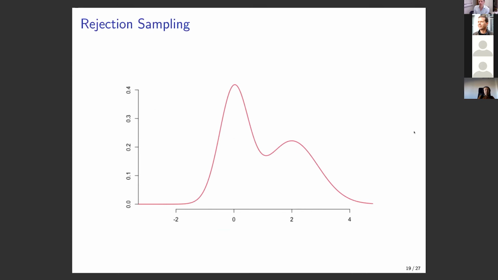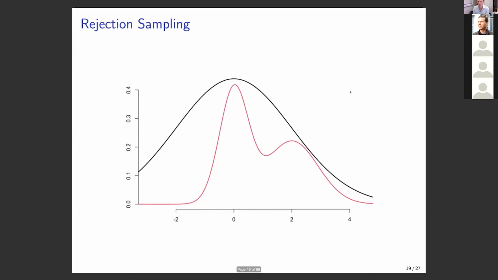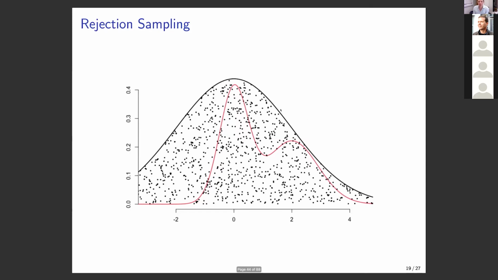Just in case you're not familiar with rejection sampling, this is a little cartoon which explains it. Suppose you want to sample from this red density, but it's obviously far too complicated to sample from directly. You could pick another density which is much simpler. In this case, it's Gaussian, and then you scale it so it's always above the curve you actually want to sample from, and then sample from this easy to sample density.